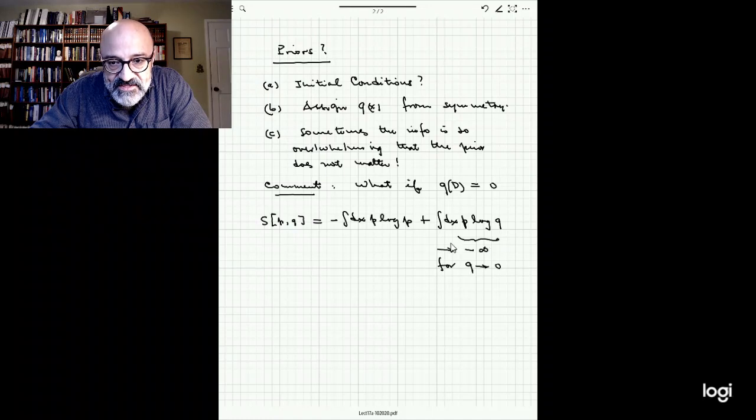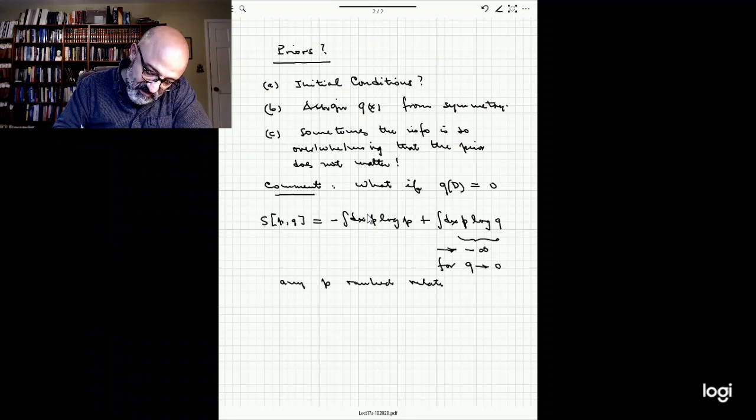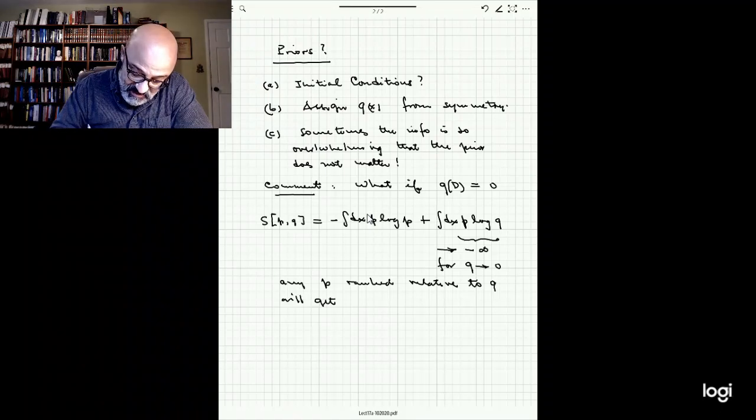And what happens is that any probability distribution P ranked relative to Q will get a really bad ranking.